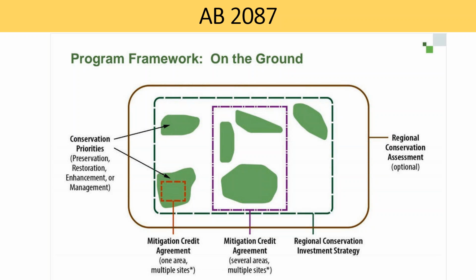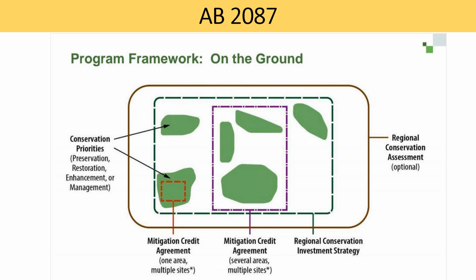This is optional. And then there's a regional conservation investment strategy, which is usually sub-ecoregional, which does a more detailed conservation assessment and identifies important mitigation lands that then can go into a process to result in a mitigation credit agreement.